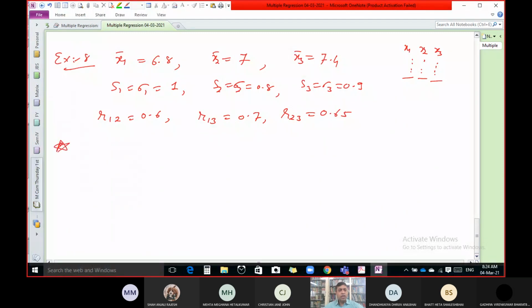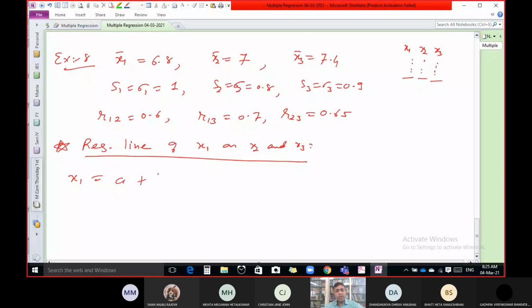So let us start. Regression line of x1 on x2 and x3. What is the form of this? It's like this: x1 equal to a plus b x2 plus b x3.